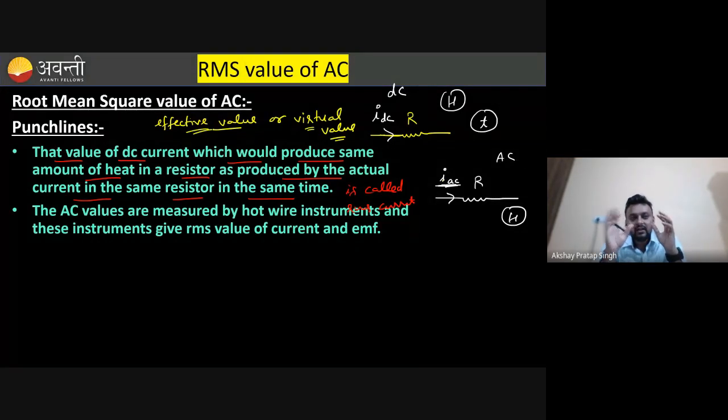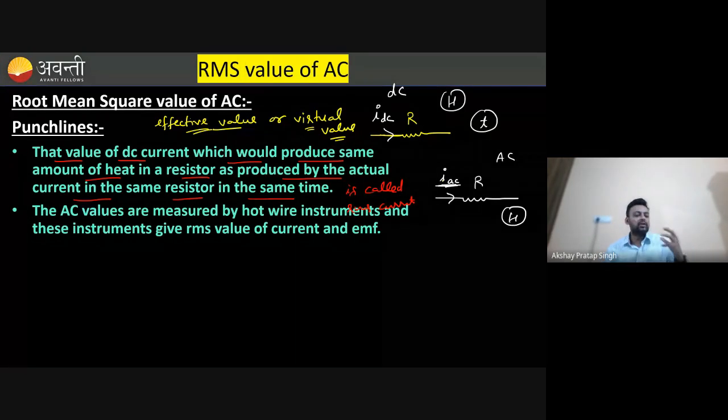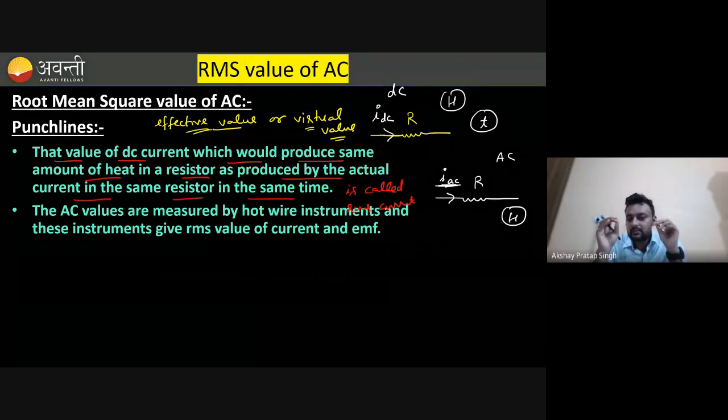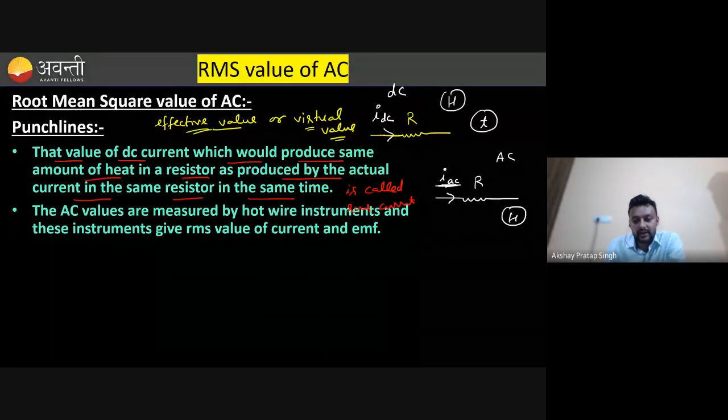Whenever somebody says the supply in our houses, the meter says 240 volt or 220 volt. This 220 volt is not the maximum value because this is an AC coming in our houses. So which value are they telling us? They are not telling us the maximum value. They are telling us the RMS value. So what is the meaning of this statement?